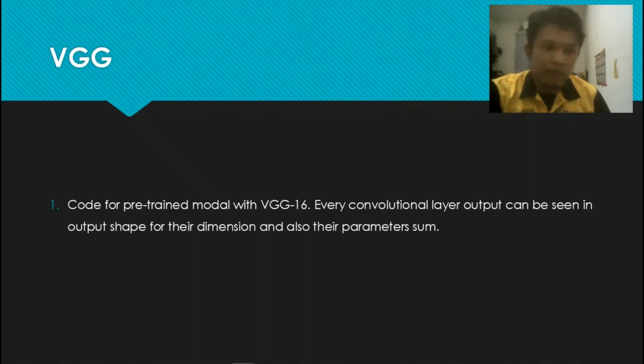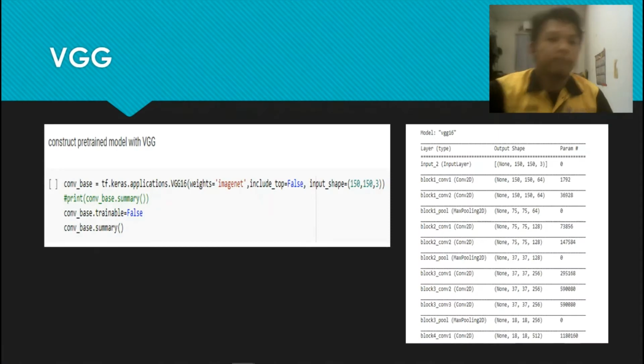For the first part of VGG, we need to write some code for the pre-trained model with VGG16. Every convolutional layer output can be seen in the output shape for their dimension and also their parameter sum. The first picture is the construction of the pre-trained model with VGG.